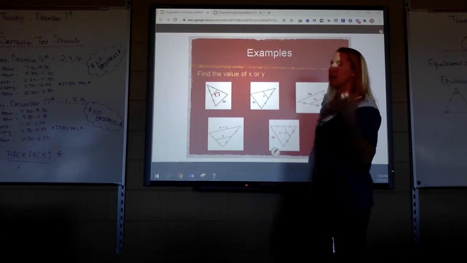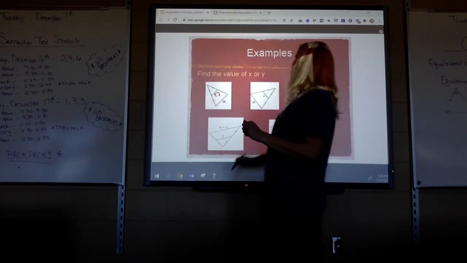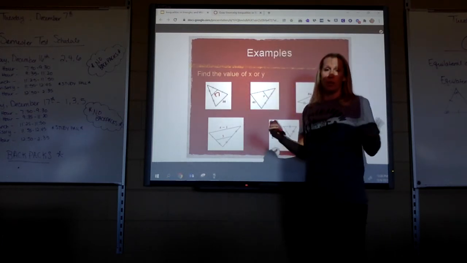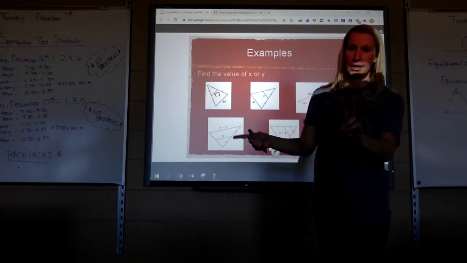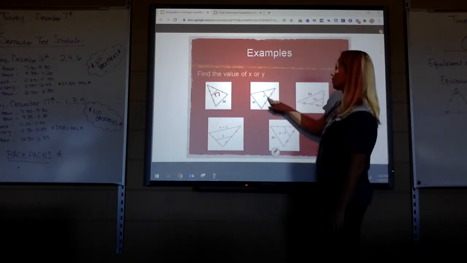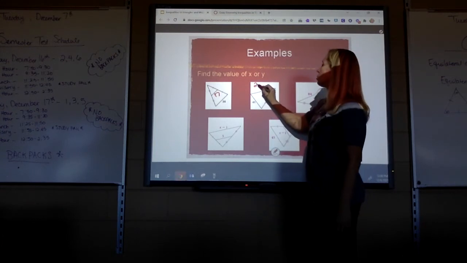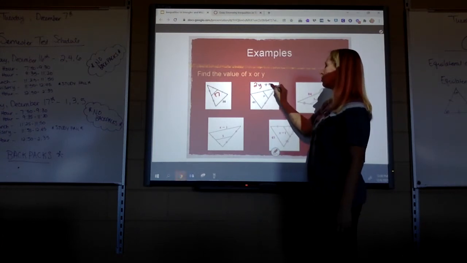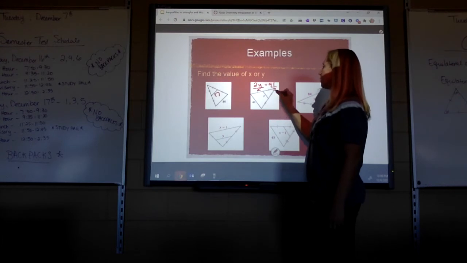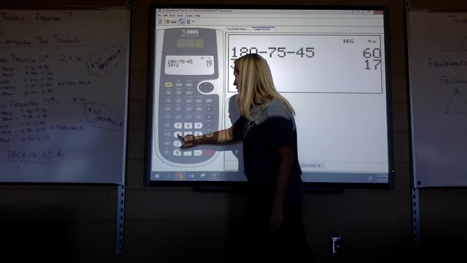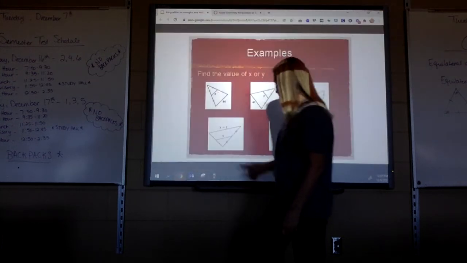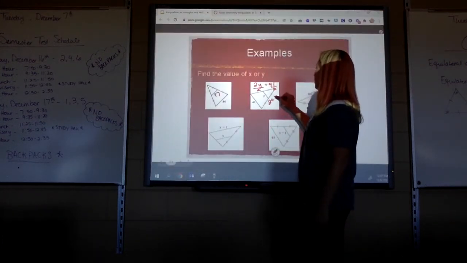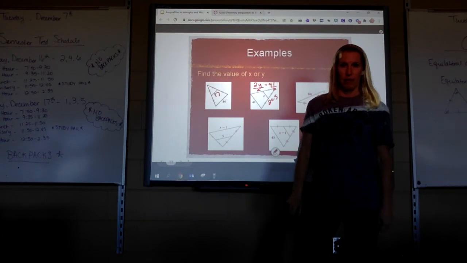Another way I think about is you take the midsegment and you double it, because if you do midsegment times 2, you're always going to get the side opposite. So notice my midsegment is y, so 2y, 2 times y, equals 41, divide by 2. 41 divided by 2 is 20.5, so y would be 20.5.